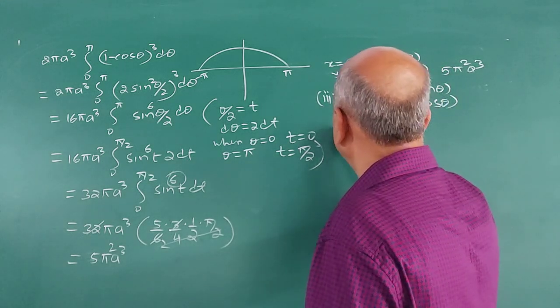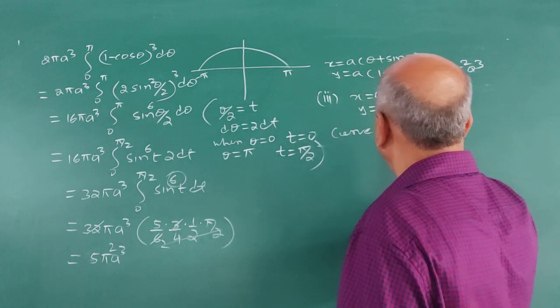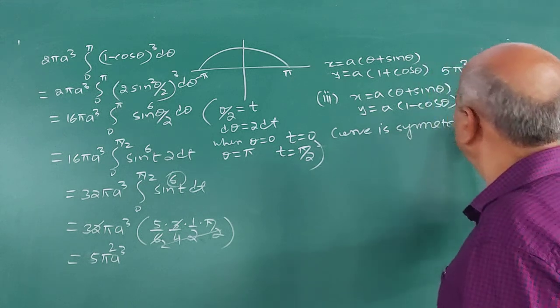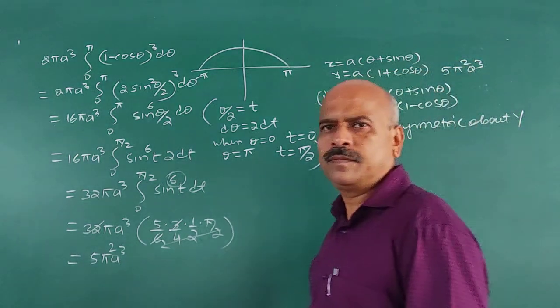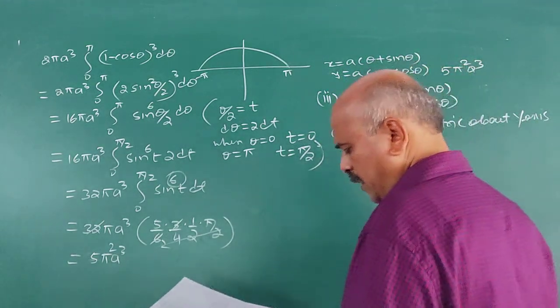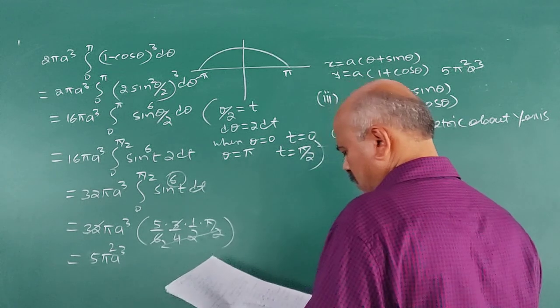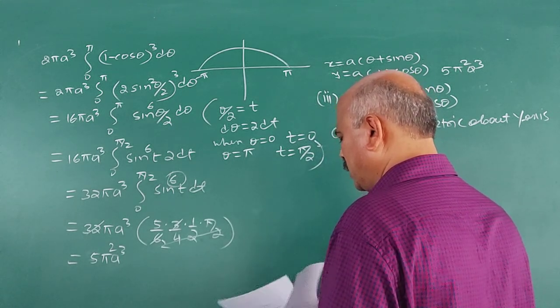In this case also, the curve is symmetric about the y-axis. First I draw one branch of the curve here. The curve is symmetric about the y-axis, and you have to see how theta varies.